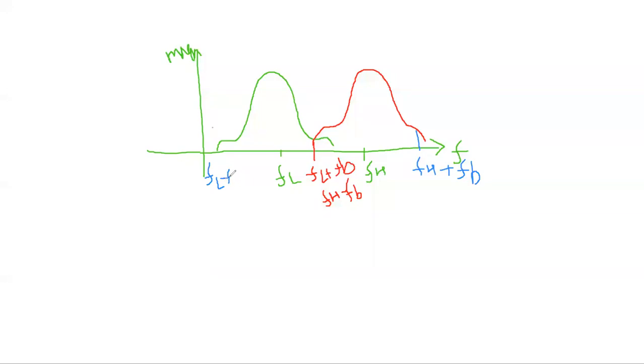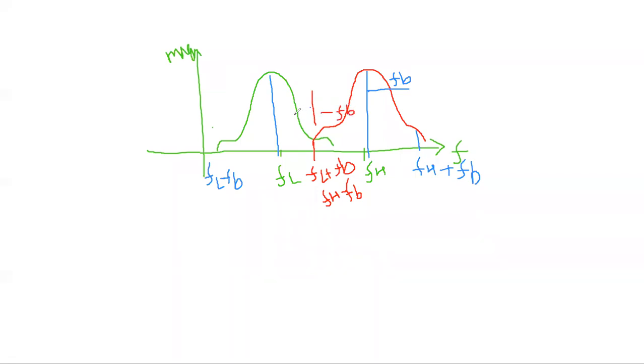So if we analyze the total bandwidth requirement for BFSK, this is the center frequency FL and this is the center frequency FH. The component from here to here is FB. Then the component from here to here is again FB.